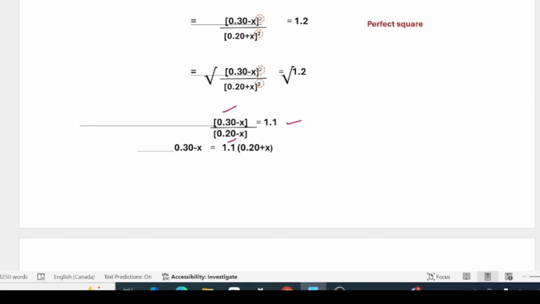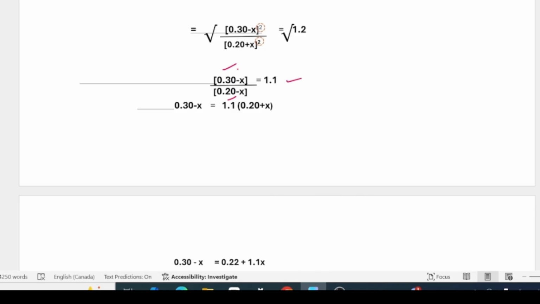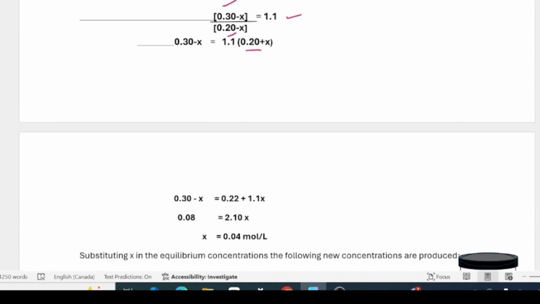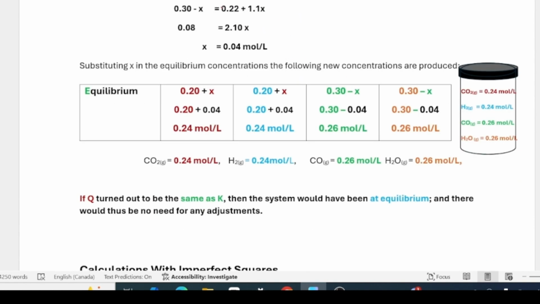And math is easy now. Leave this by itself, take that across, multiply all of these here by 1.1. In the end, we end up with this expression here. Of course, this is 1x. When we cross the 1x, they become positive. We get 2.1x is equal to that, and x is equal to 0.4.